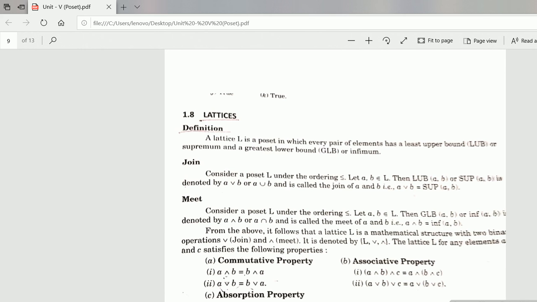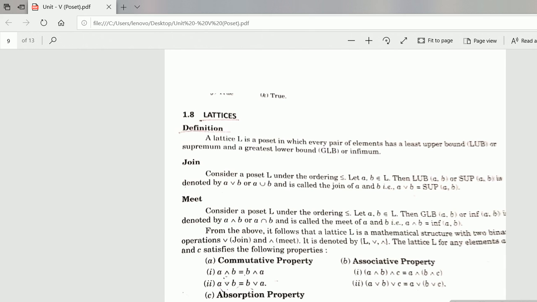A lattice L is a poset in which every pair of elements has a least upper bound (LUB) or supremum and a greatest lower bound (GLB) that is called infimum. See the definition, which is very important. Lattices, what is the definition?